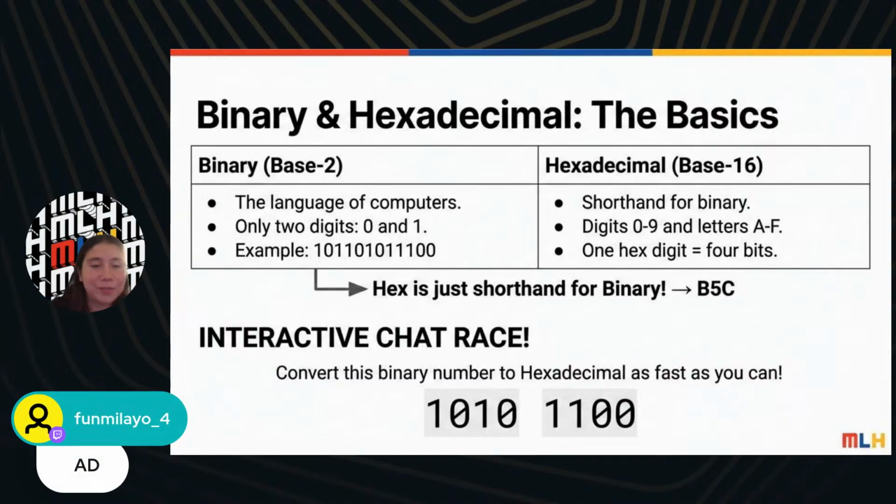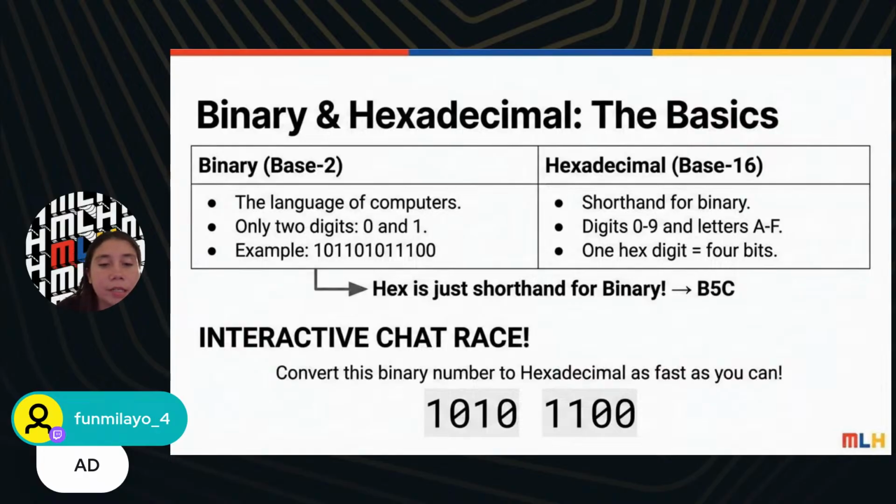And yeah, thank you for doing that. That was basically to convert the 10101100. Awesome. As I was saying, one hexadecimal digit, like the one placed in the chat, is equal to 4 bits.